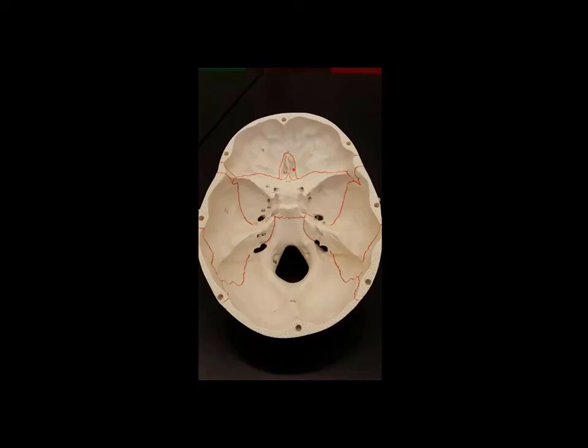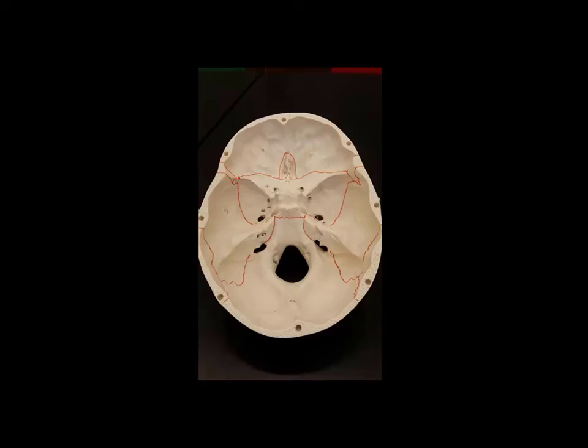The flat area is called the cribriform plate. And the raised area is called the crista galli. That literally translates into rooster's comb or cock's comb, because if you think about a rooster, that red thing on the top of their head that sticks up almost like a mohawk. That's what this resembles, so that's what they call it. They call it the crista galli.